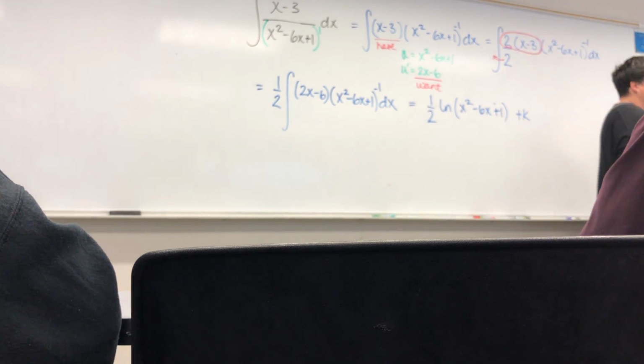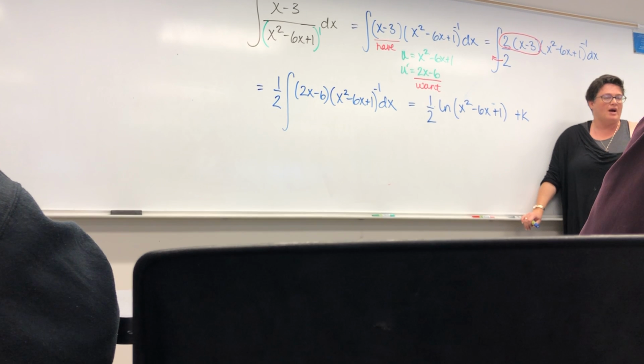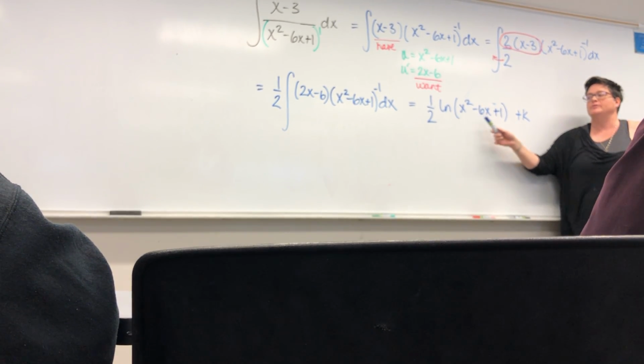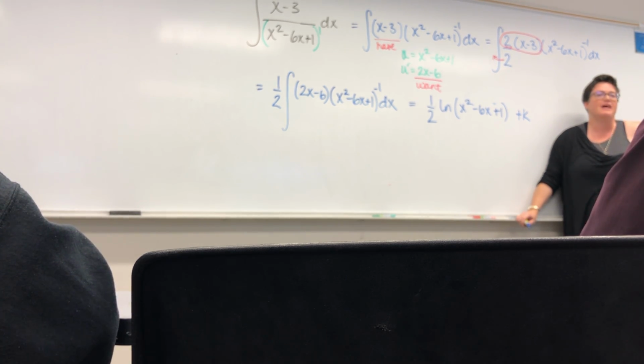Now, in your book, it does a couple of extra things that I don't do in this class. For example, this is going to be an absolute value in your textbook. We don't need the absolute value, guys, because we never shove in negative x.